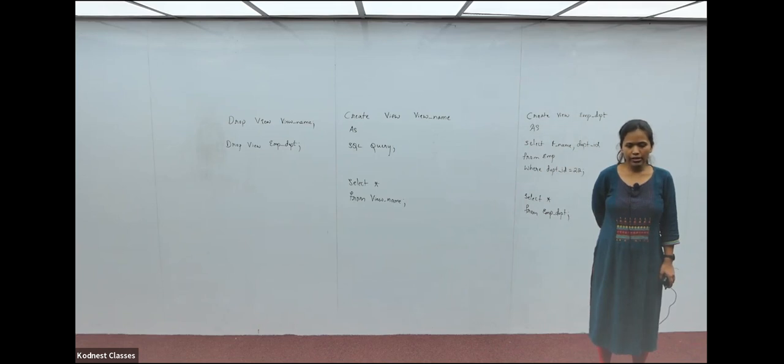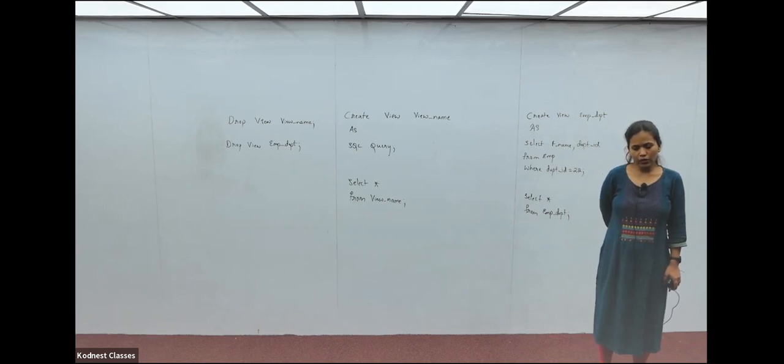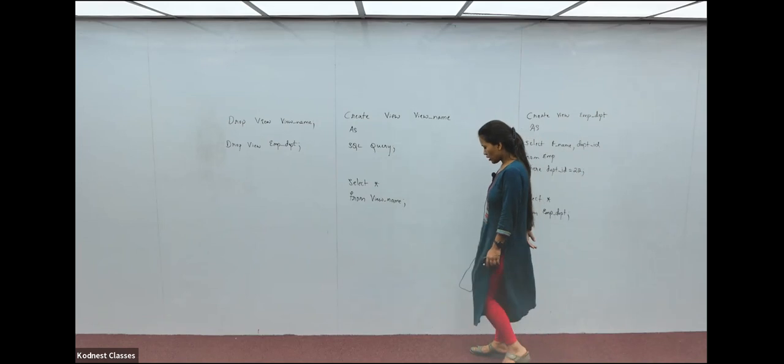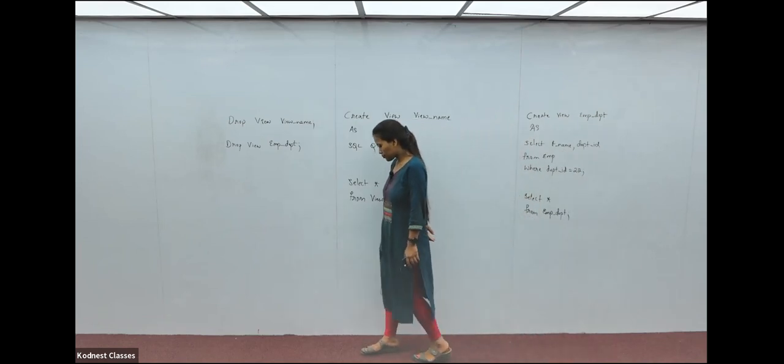Actual table is nothing but the original table. So views are the virtual tables which are created on the basis of actual table.